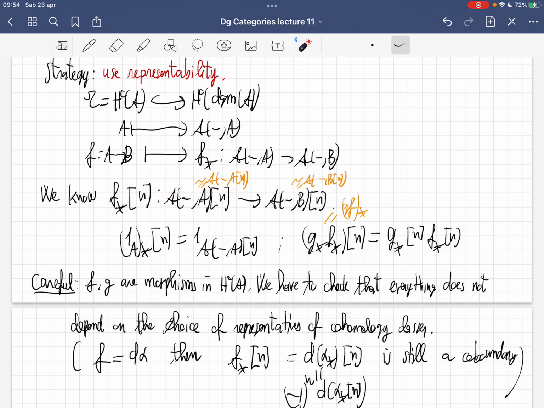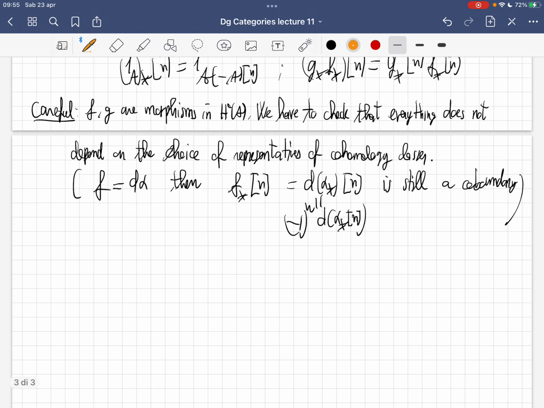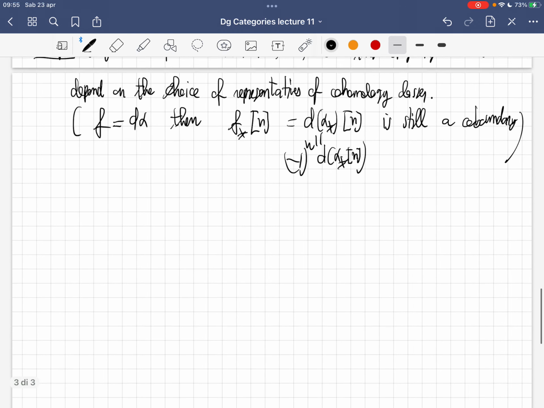Sometimes it's useful to think of these isomorphisms as really identities, even if they're not. And then you can go back and define what you need, because you'll get some morphism at this level, and then you can view it as a real map from this to this, and the properties will be satisfied, because the properties at this level of the DG modules are satisfied. I hope I'm clear, but we will see this in action even more times. I hope that in the end this will sink in.